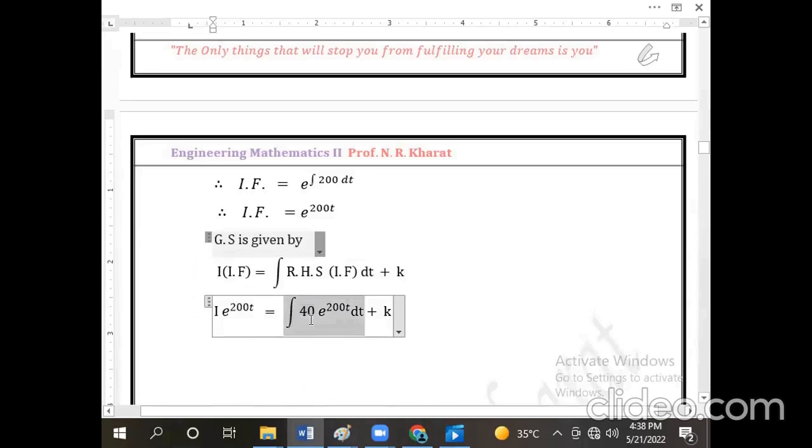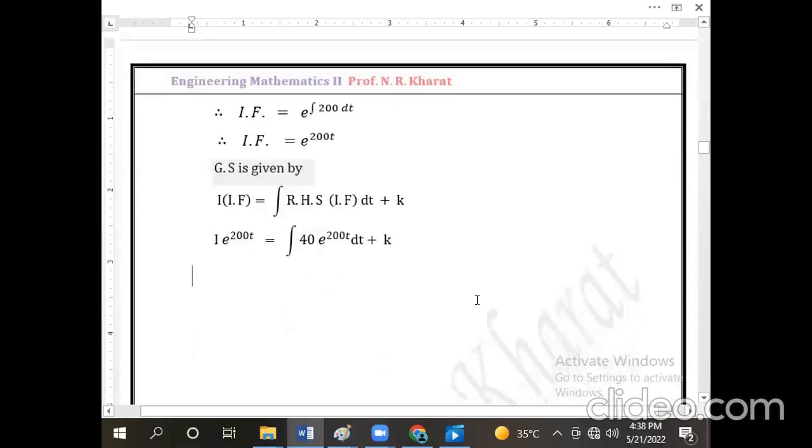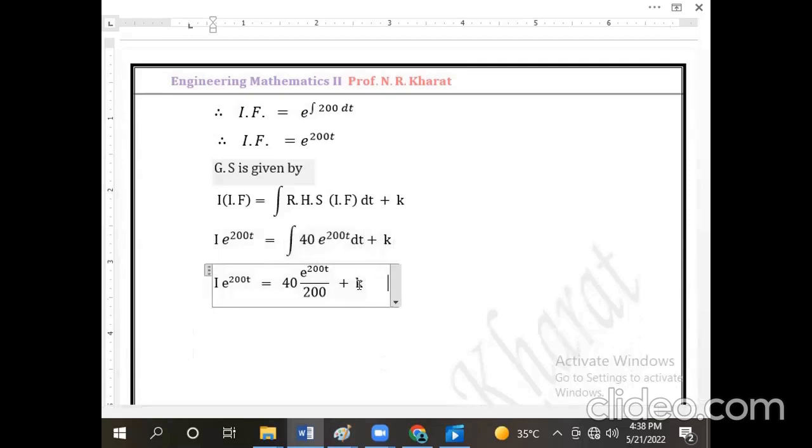Again, the integrating factor is e raised to 200t. So integrating the right hand side with respect to t, 40 is a constant, so we just take the 40 outside the integration. The integration of e raised to 200t can be found with the help of a formula.